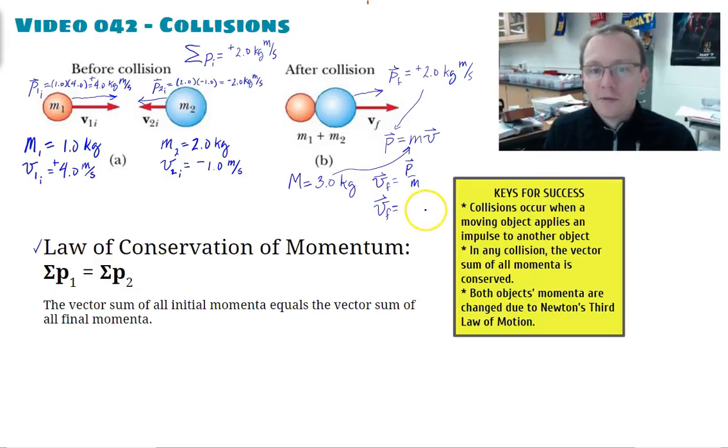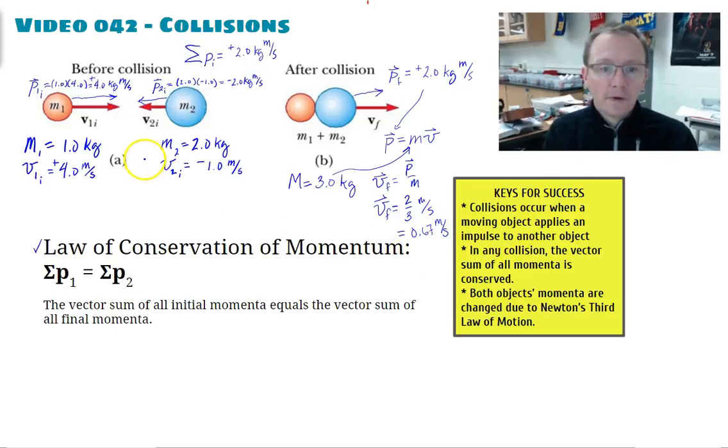So you can see the units cancel out, and we get 2/3 meters per second. Now, you might remember that I don't like fractions because fractions imply infinite significant figures. So we have to go back to how many sig figs we have here. That's 2, so I'm going to use 0.67 meters per second as my final answer.